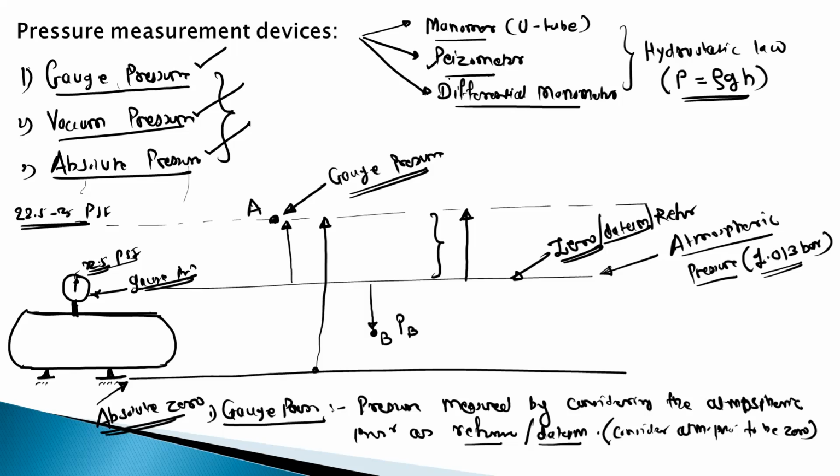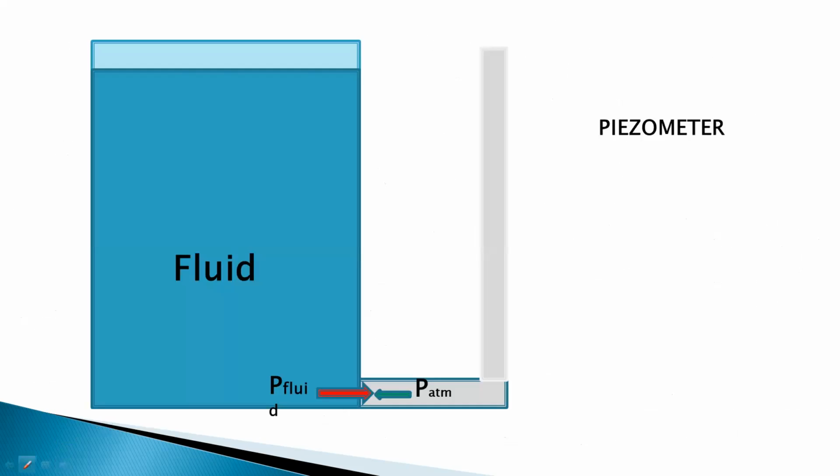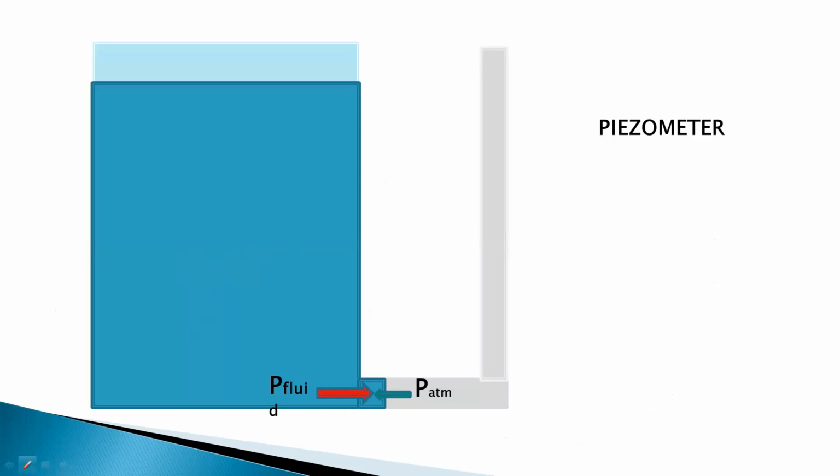Okay, now let us see the pressure measurement devices. So piezometer, manometer, and the differential manometer. So the first device is the piezometer. Okay, so the piezometer is just a vertical tube, and it is connected with the container or the pipeline in which we have to measure the pressure of the liquid.